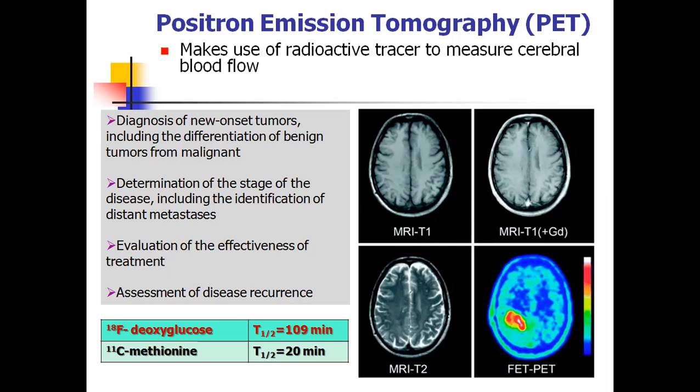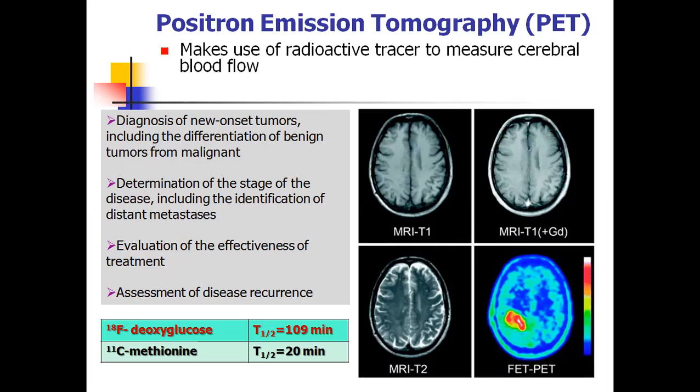Also in determination of the stage of the disease, in the correct staging of pathology, including the identification of distant metastases. Also, evaluation of the effectiveness of treatment may be provided with a series of positron emission tomography scans. And in monitoring of the patient, assessment of disease recurrence is also possible.